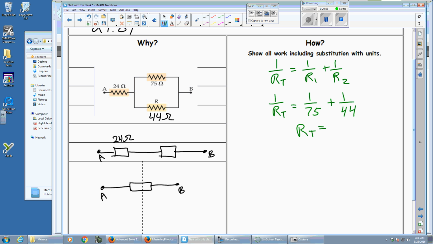Remember, this is where your inverse key is your best friend. And as Adam told me, it is 27.73 ohms for me.